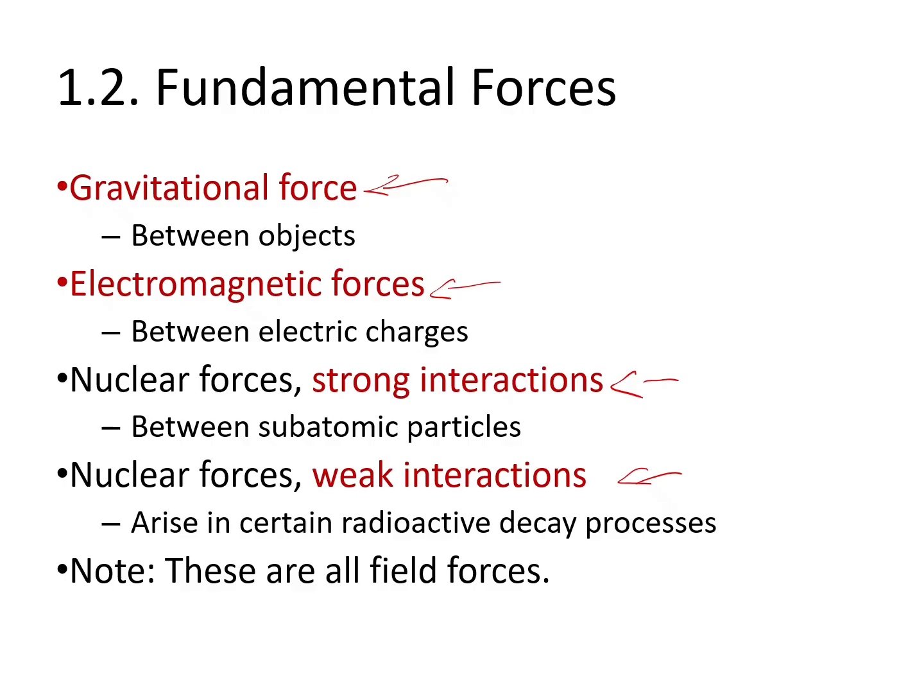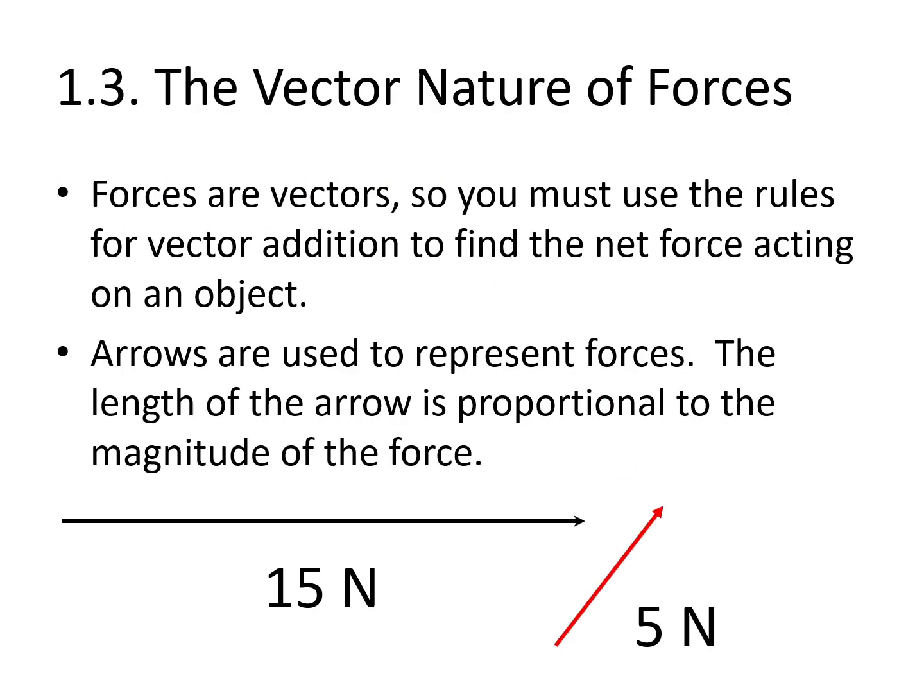No matter which interaction produces a force, force has both magnitude and direction. That means force must be treated as a vector. Force is a vector quantity. Therefore, a complete description of a force requires both magnitude and direction. We represent a force with an arrow.